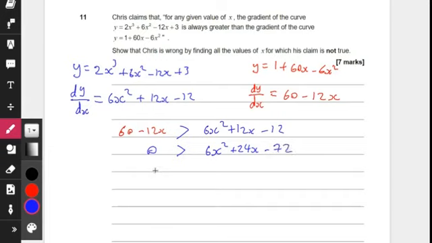So I can divide everything by 6. So 0 is greater than x squared plus 4x minus 12. And conveniently, 0 is greater than (x plus 6)(x minus 2).